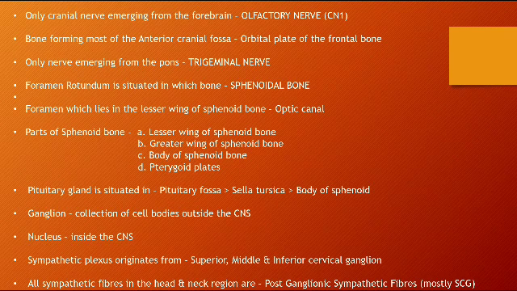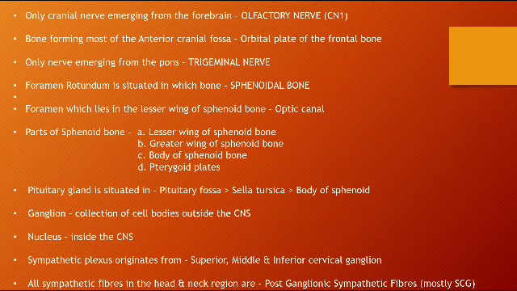Now, ganglion, I already told you in the previous slide, is a collection of cell bodies outside the CNS, and a nucleus is the same, a collection of cell bodies inside the CNS. Now, the sympathetic plexus originates from, of course we discussed it before, the superior, middle, and inferior cervical ganglion. And the last point of this video is about all the sympathetic fibers in the neck and head region.